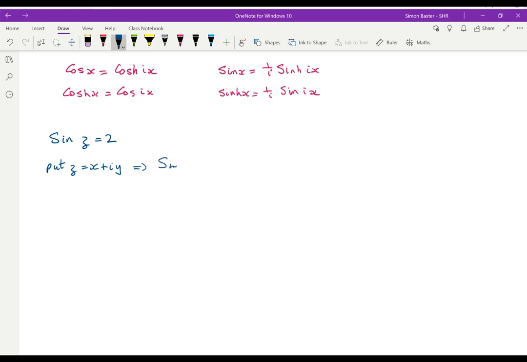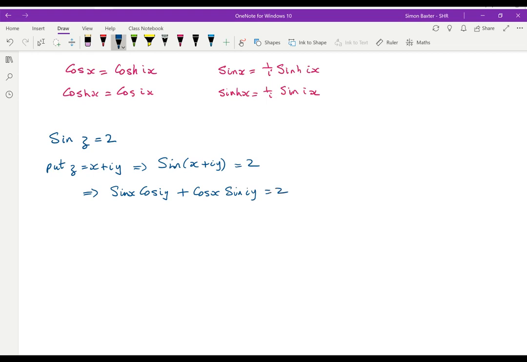This gives me sin of x plus iy is equal to 2. Addition formula: sin x cos iy plus cos x sin iy is equal to 2.